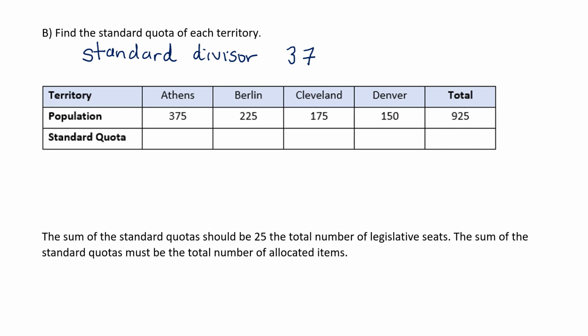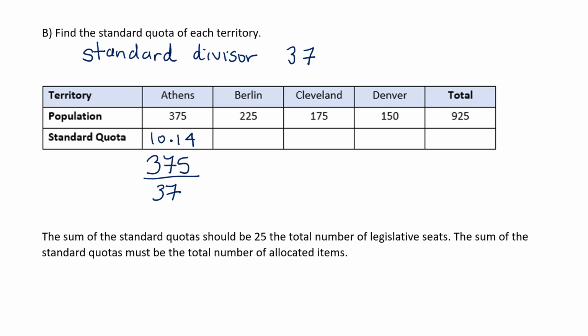To find the standard quota, you take the population, so for Athens that's 375, and then divide it by the standard divisor of 37. And let's round this to about 2 decimal places, so the standard quota is 10.14.